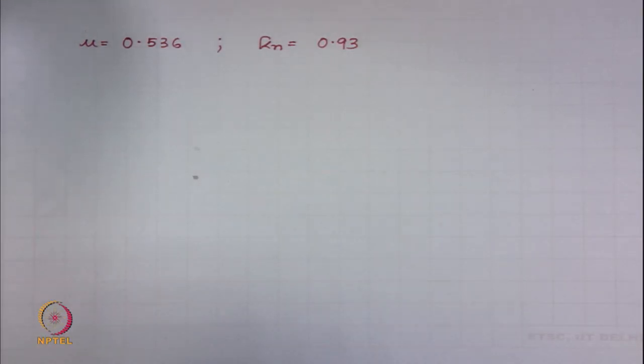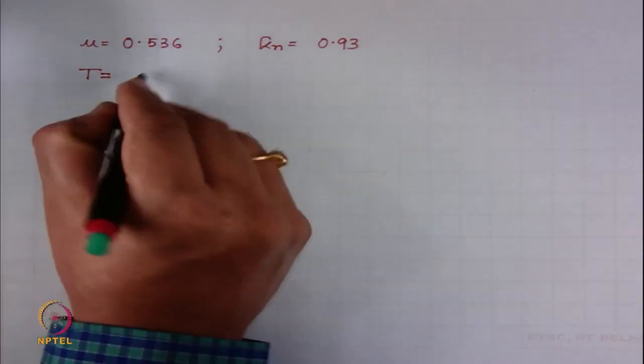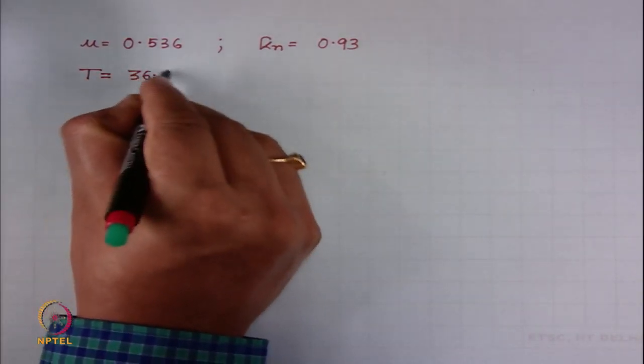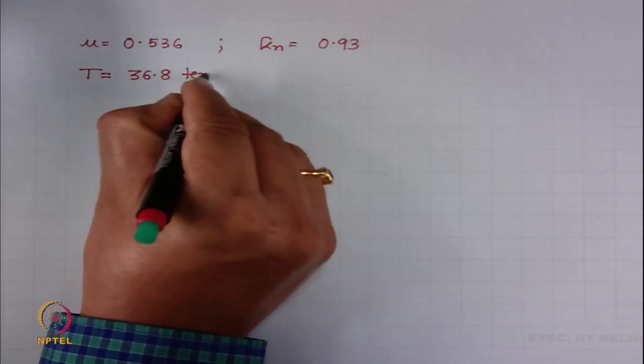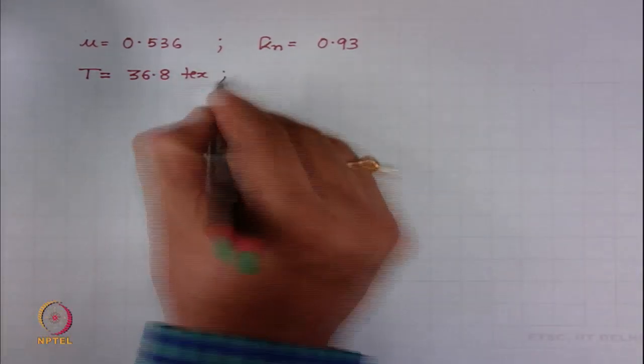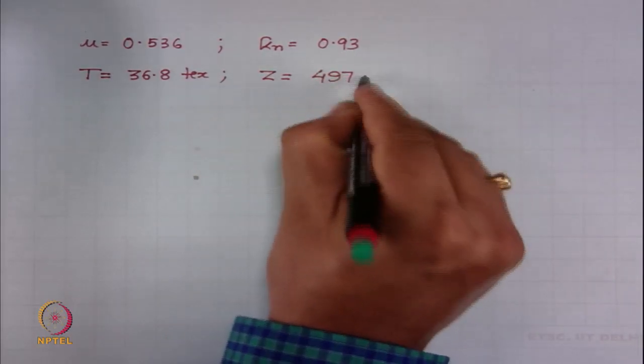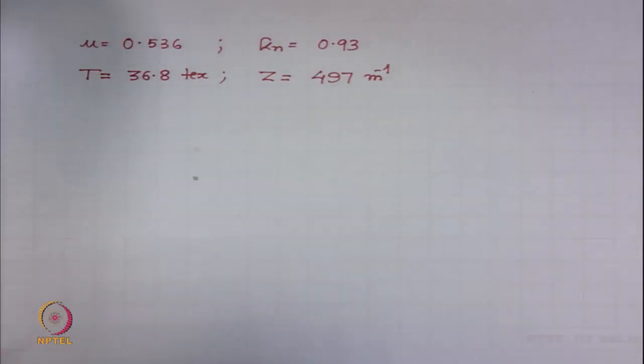It is also given yarn count capital T, 36.8 tex, and twist is given, 497 turns per meter. So, you have to first find out the yarn diameter.